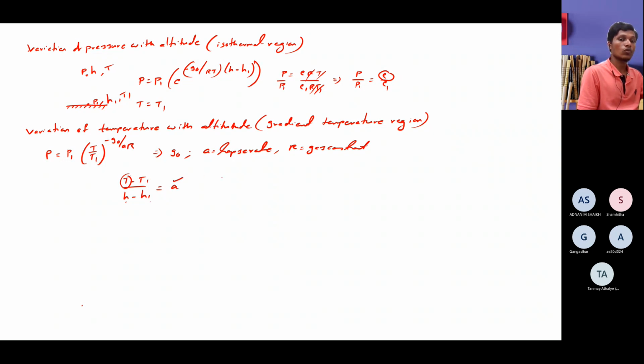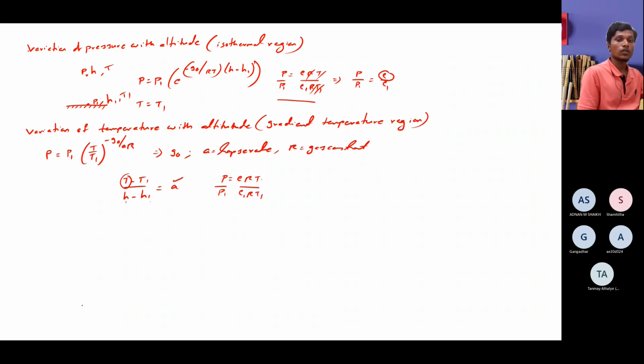In the same way, if you want to find the density variation with altitude, use the same equation, that is P by P1 equals rho RT by rho 1 RT1.